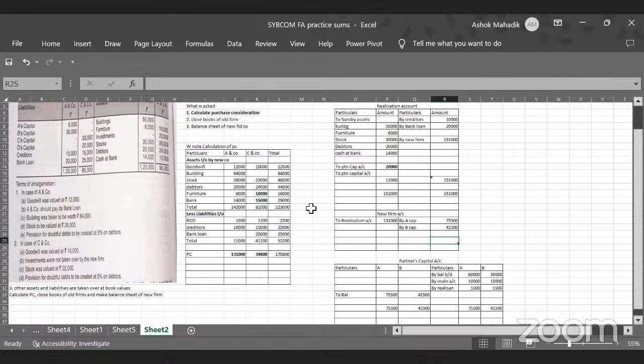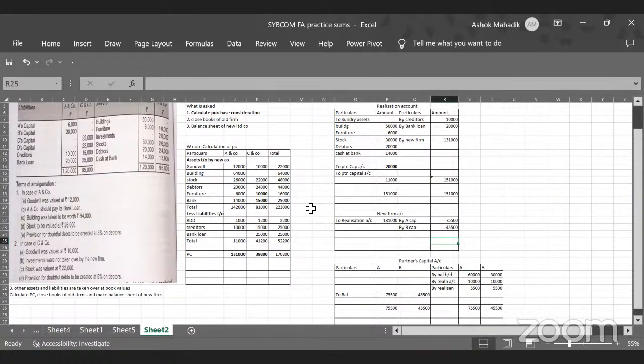I didn't check the sum before beginning with the solution. 56,000 plus 30, 40, 15, 64,000. 120. Asset side is okay. Liability side is also okay. 20, 30, 30, 60 and 60, 120. Okay, now balance sheet is okay.